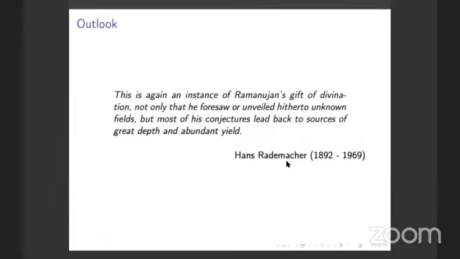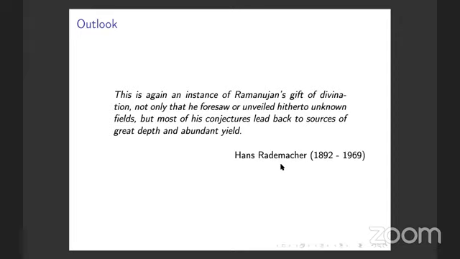And let me close this with a special quote of Rademacher, who was a German mathematician, 1892 to 1960s, and who saw this strength in Ramanujan a long time back. He was a number theorist, but he did various other things; he was also an analyst and so on. In one of his works, after discovering something, he says, this is again an instance of Ramanujan's gift of divination.